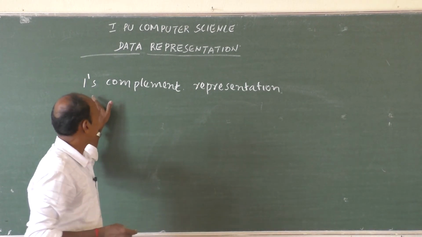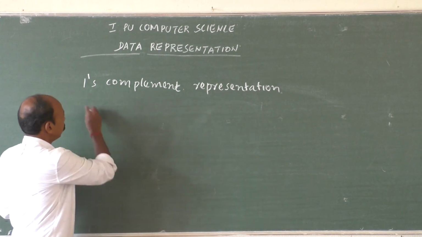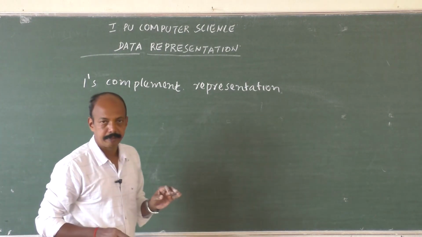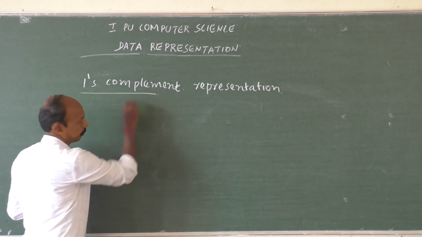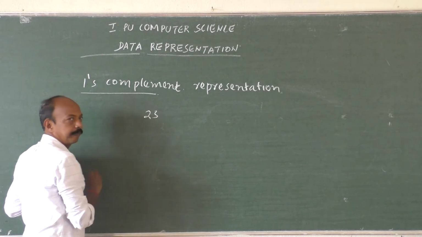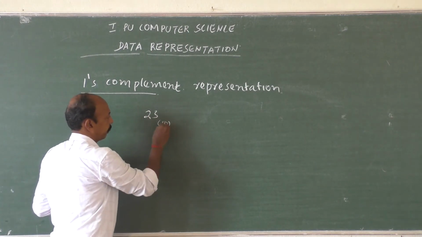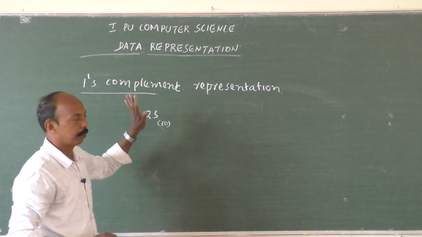Then we have to write the number with respect to ones complement. It's easy. What is meant by ones complement representation? To make it simple, let's write like this. For example, take 23 to the base 10. We have to write this number with respect to ones complement.